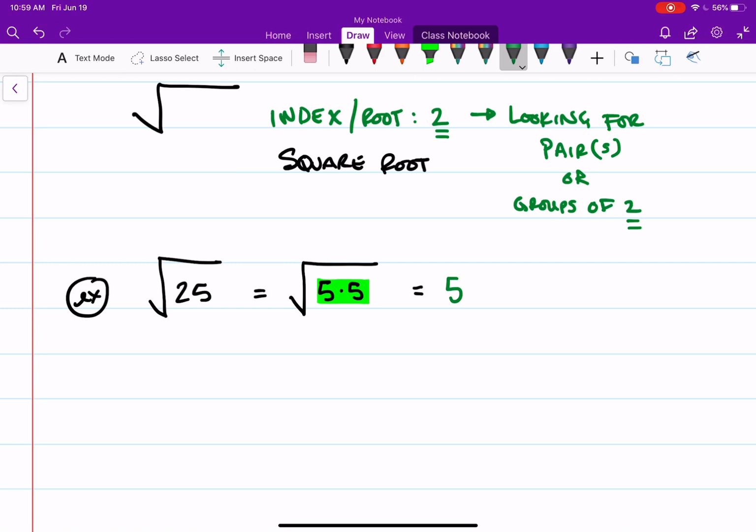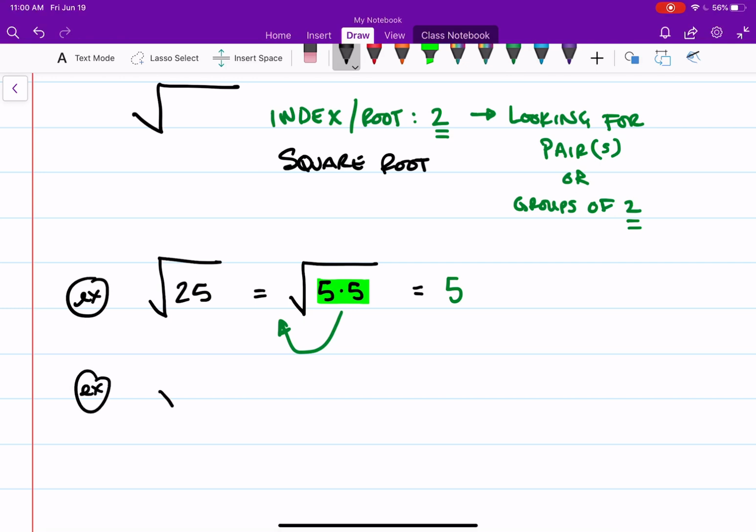Or you can say the square root of 25 is 5 because 5 times 5 equals 25. Either way you look at it, since they have a pair, they can go out to play. And if that's the only pair, then there's nobody else left inside the house, so the house is no longer needed. Okay, so another example.